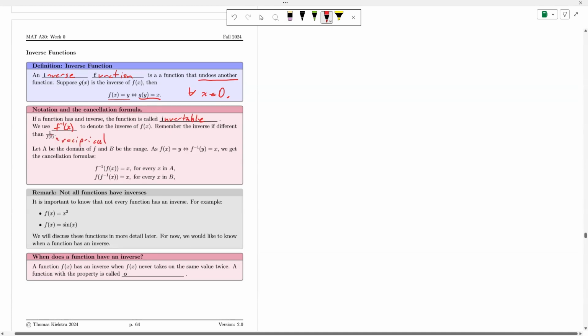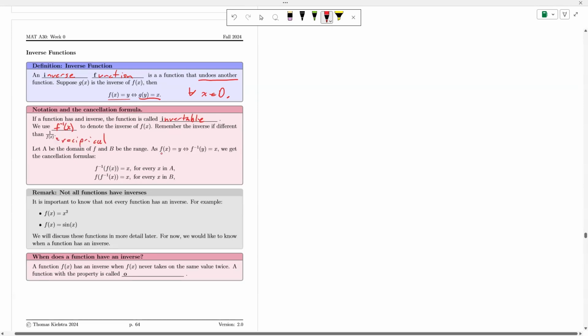Let A be the domain of f and B the range of f. As f of x equals y if and only if f inverse of y equals x, we get the cancellation formulas. F inverse of f of x equals x for all x in A, and f of f inverse of x equals x for all x in B.